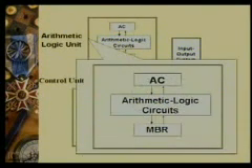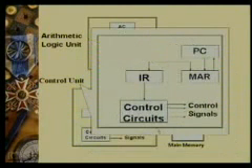The arithmetic logic unit consists of the arithmetic logic circuits, a register called accumulator, and a register called MBR, memory buffer register. These are the two registers that are with the arithmetic logic unit.